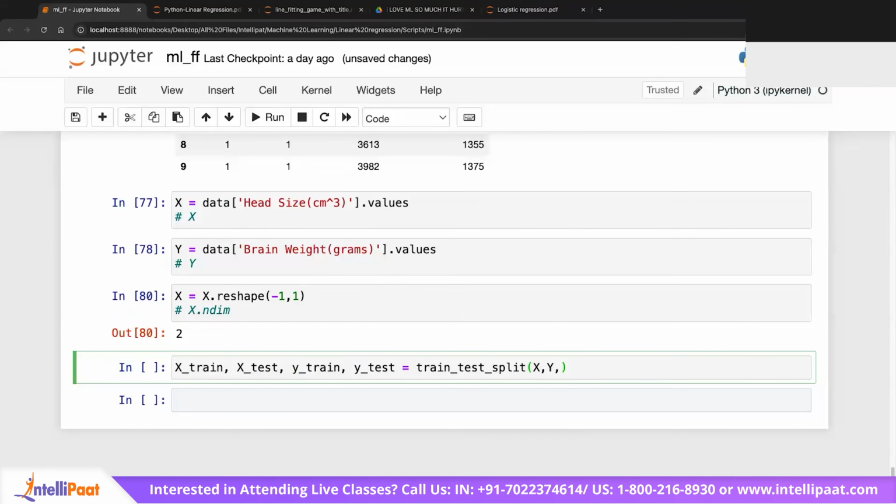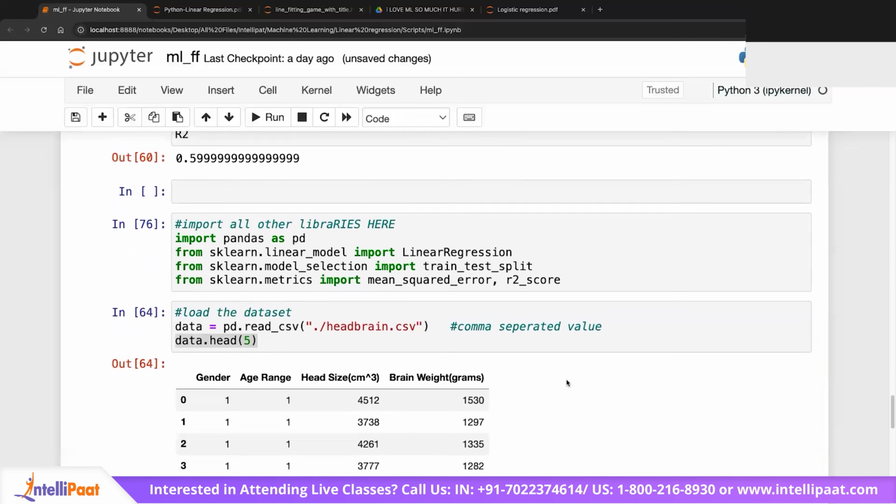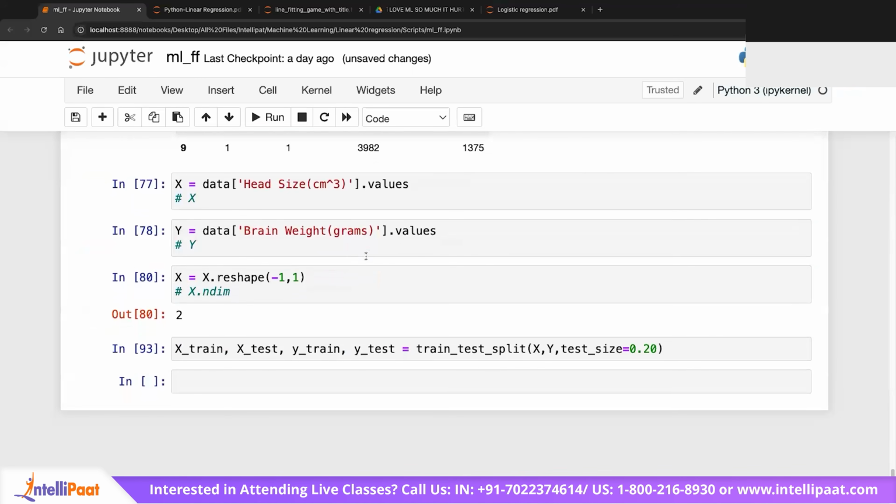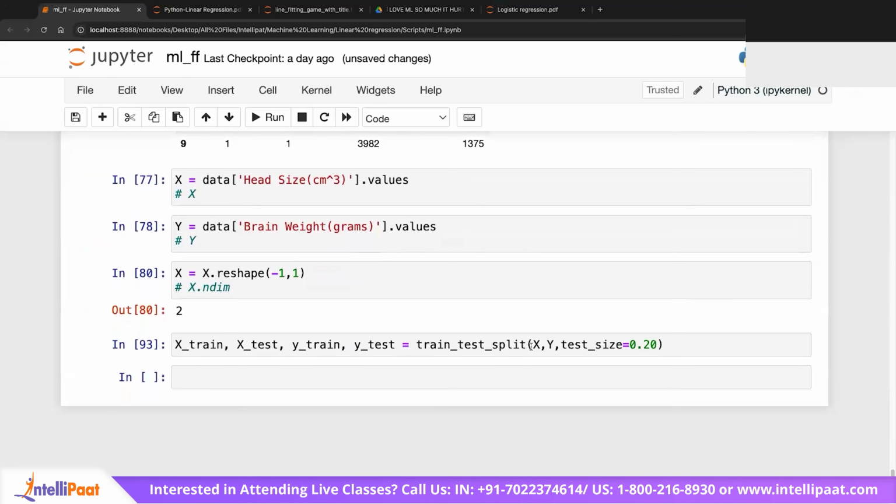At the same time, I can say test_size equals 0.20. Did I import a function called train_test_split using the library sklearn.model_selection? I have just called that function here, and I'm passing the original values x and y.